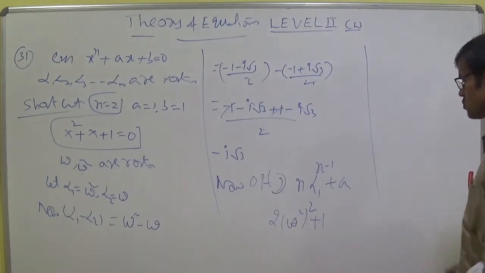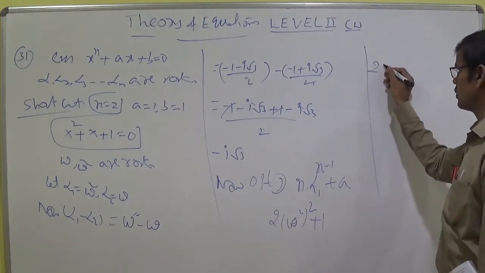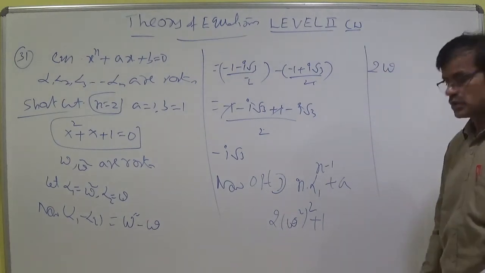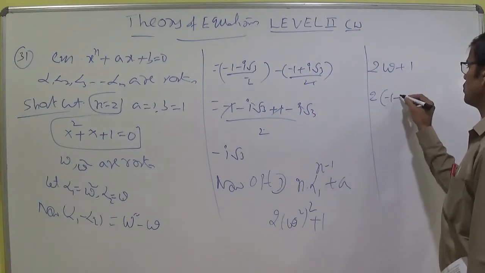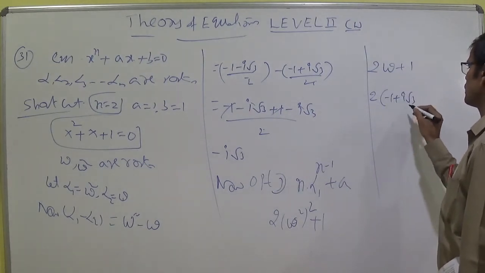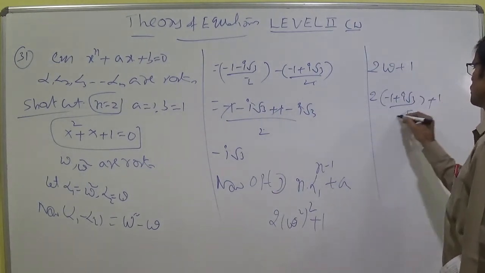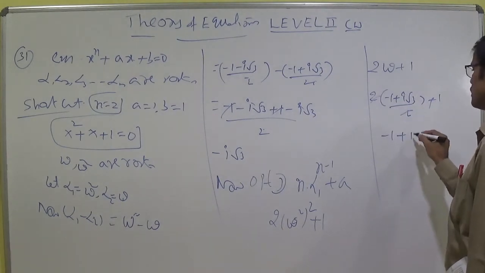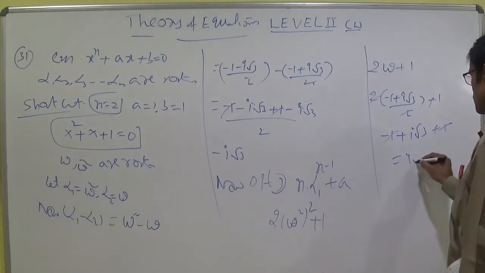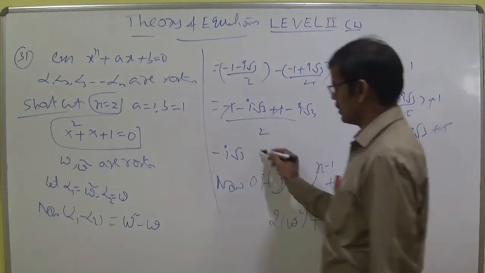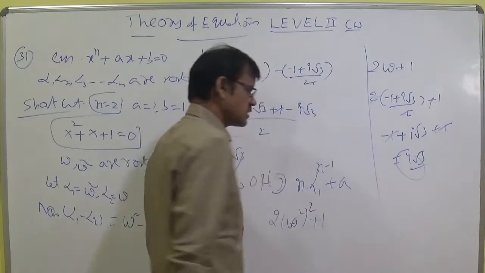Omega square whole square is nothing but omega power 4, so it is omega. So 2 omega plus 1: 2 into omega, minus 1 plus i root 3 by 2, plus 1. This one gets cancelled. Minus 1 plus i root 3 plus 1, so the answer is i root 3. I root 3 versus minus i root 3, so it is not satisfying.